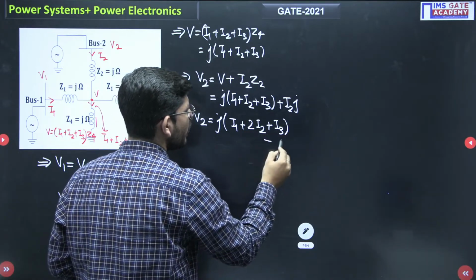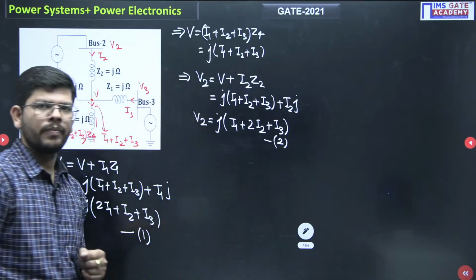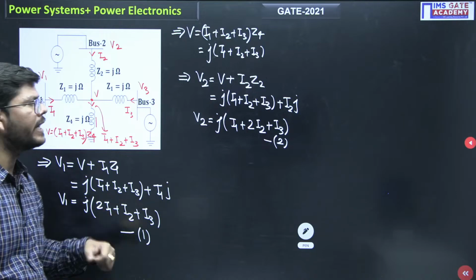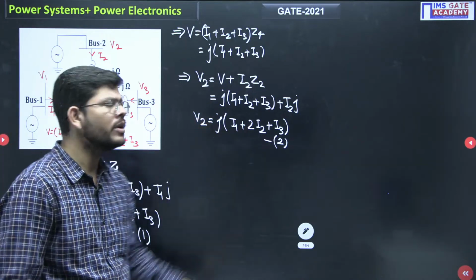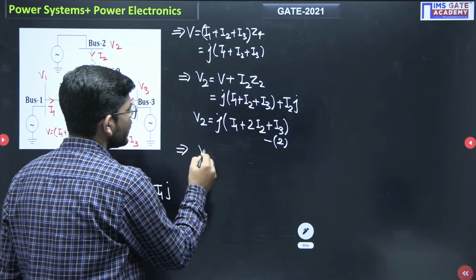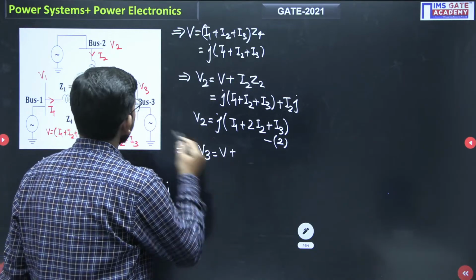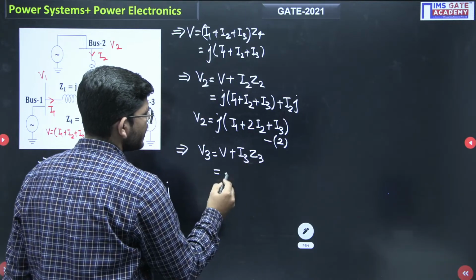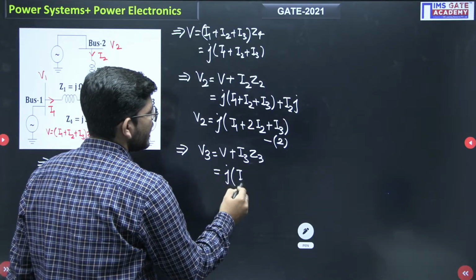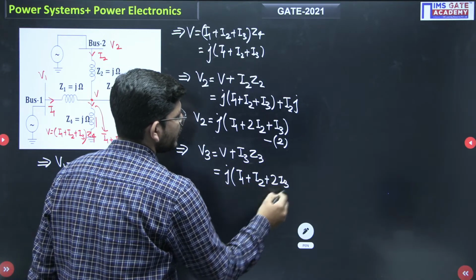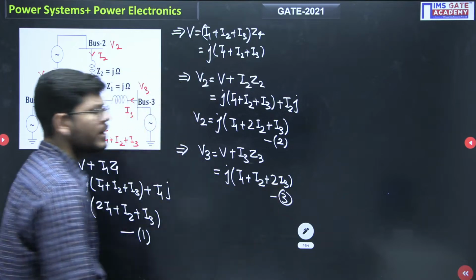Let me call this equation number 2. So for V1 we are getting 2I1, and for V2 we are getting 2I2. So you can judge what is going to happen at V3. Similarly, V3 is V plus I3 into Z3, and finally you will get J times I1 plus I2 plus 2I3. Let me call this equation number 3.